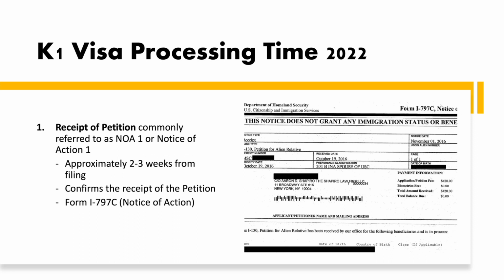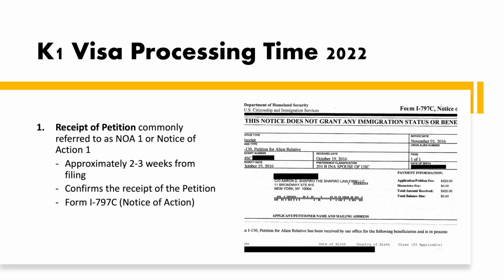If you did not properly file your Form I-129F, USCIS will send a notice of action to reject the petition, or may send an RFE, or a request for evidence, that requests additional items. Either will significantly delay your request. Thus, it is vital to prepare the I-129F correctly and submit all required supporting documents.